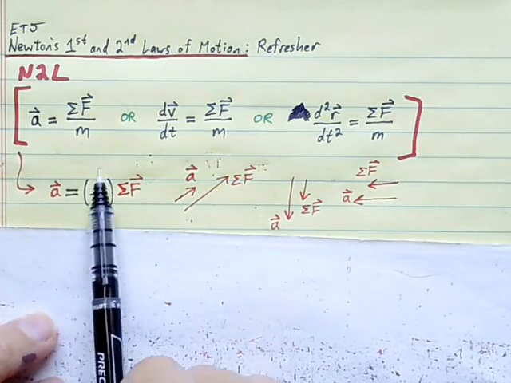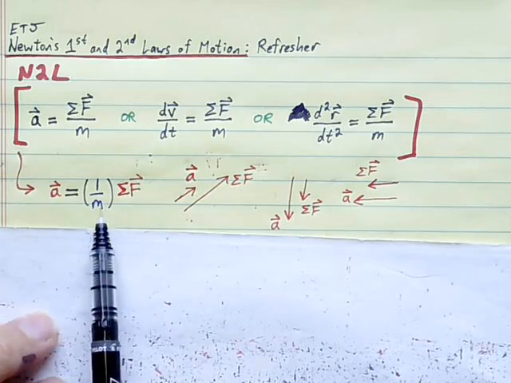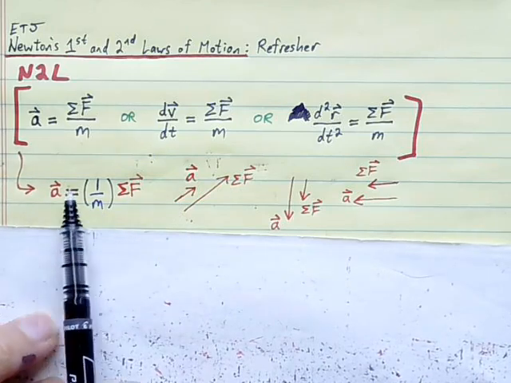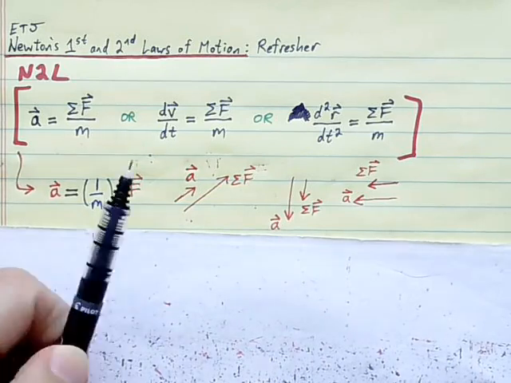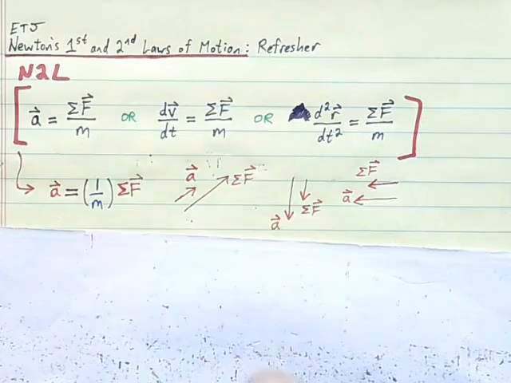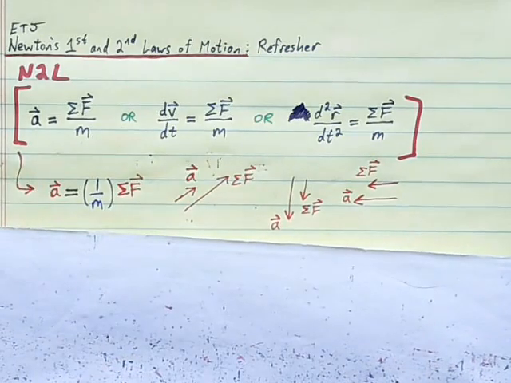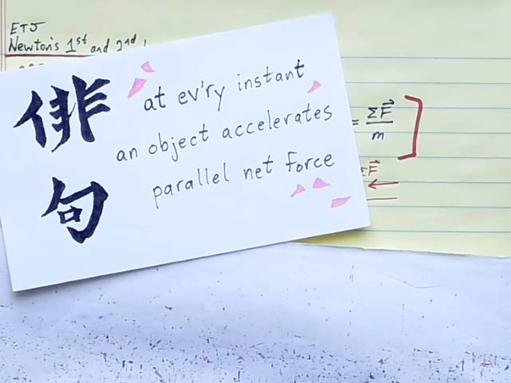This scale factor just rescales their magnitudes and changes their dimensions, but the direction of the two will always be the same. So acceleration and net force are always parallel to each other at every instant, as is described in this very famous haiku: at every instant an object accelerates parallel to net force.